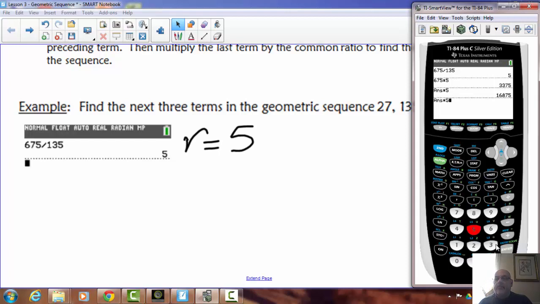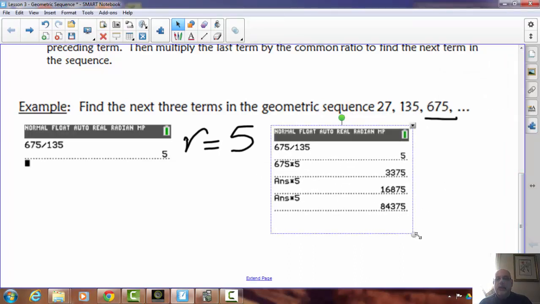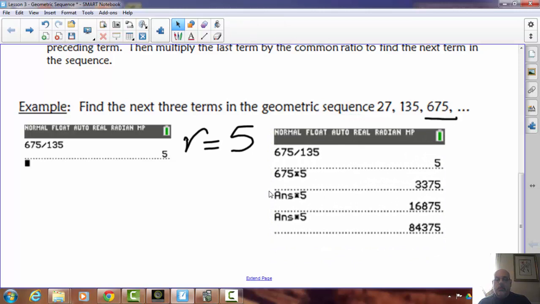You multiply that by 5, and the last of the terms that you're asked to find is 84,375, because the problem asks to find the next three terms in the sequence. So these are the three terms. I'm sure this is very much a review of what you did last year.